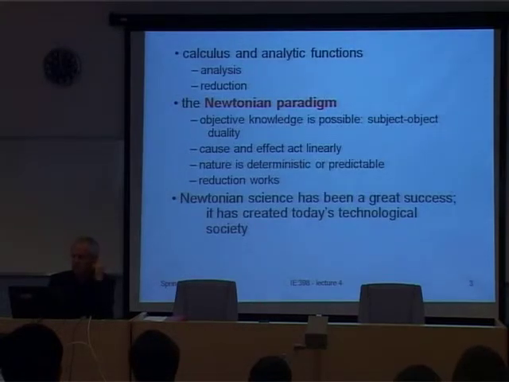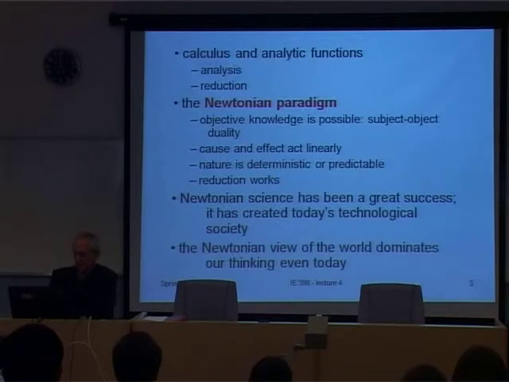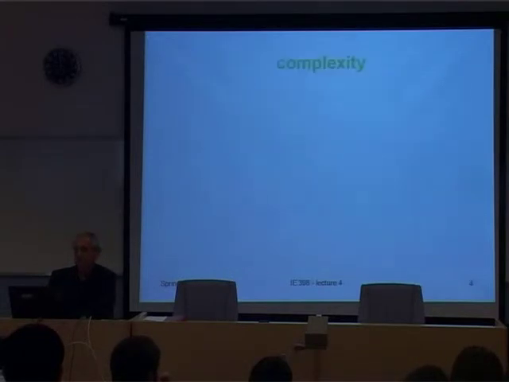Now, Newtonian science has been a huge success. We owe everything to Newtonian science. The technical systems that make life easier for us, or even though they make it complicated, are a result of the technological society, which is a result of Newtonian science. This view dominates our everyday view of the world even today.